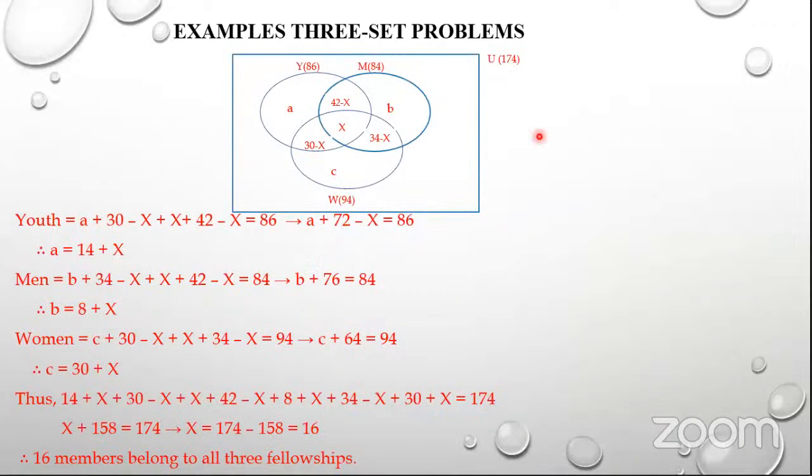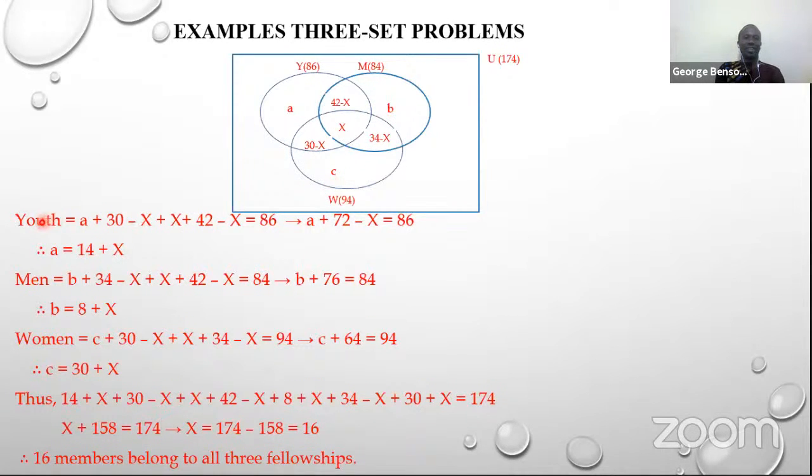Now let's carry on. Since the question has asked us to find all, since we don't know the only for the youth, the men fellowship and the women fellowship, we have to take them one by one so that we get our values for our A, our B, and our C. Is that okay?